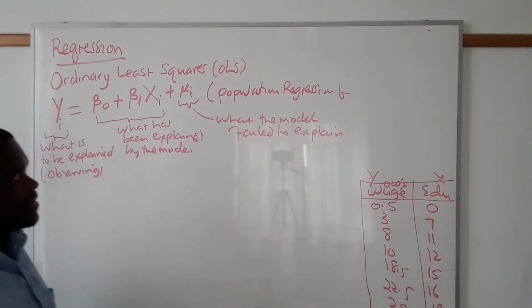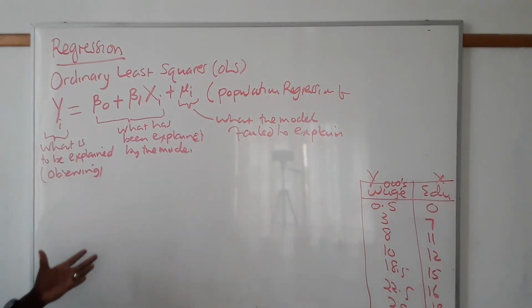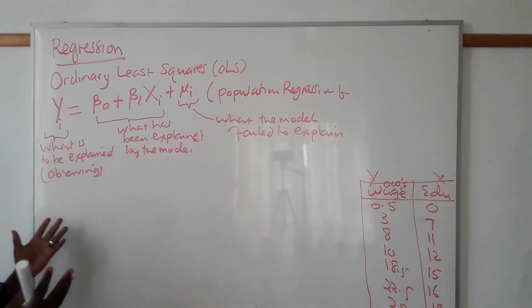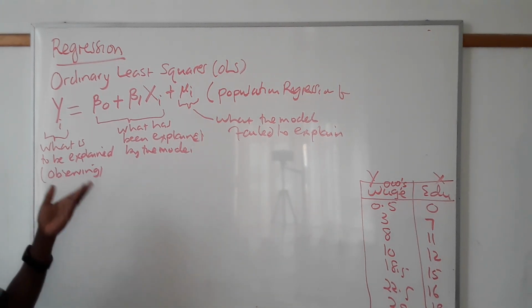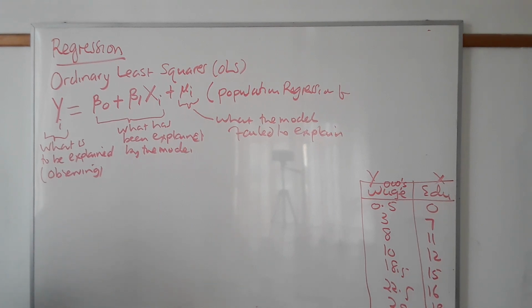Okay, so your regression line is divided into this. You can pretty much understand it in terms of these three components.